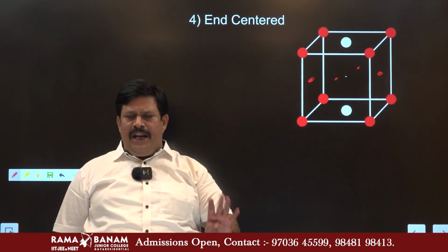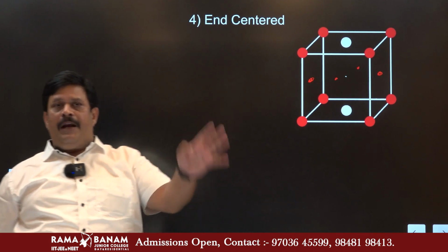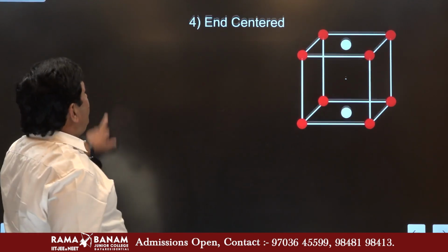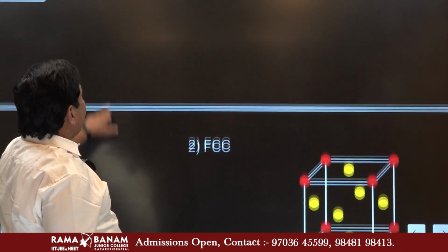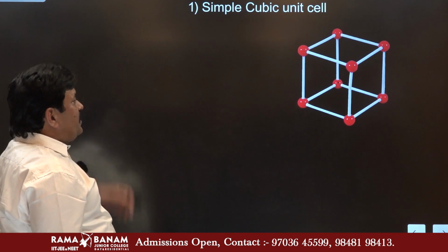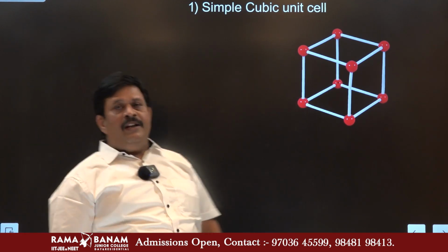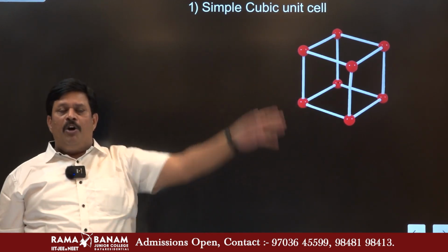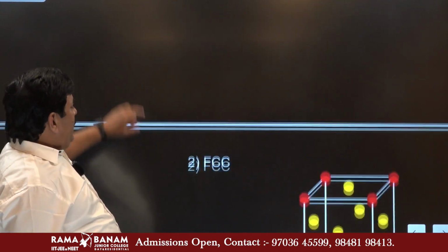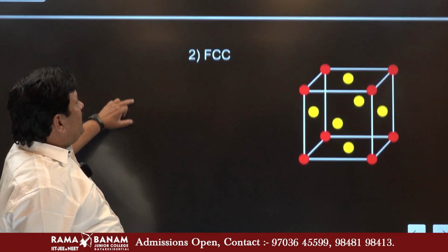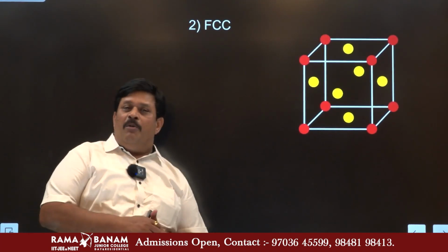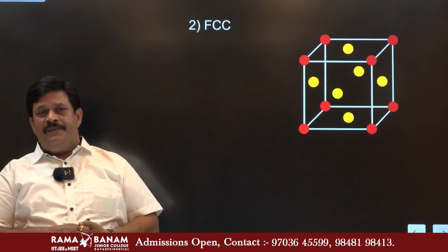So, these are the four main types of unit cells. One more time I will repeat. The first variety is the simple cubic unit cell, also called the primitive unit cell. In this, particles are only at body corners. Second variety is FCC, or face centered cubic unit cell. In this, particles are at body corners and face centers.